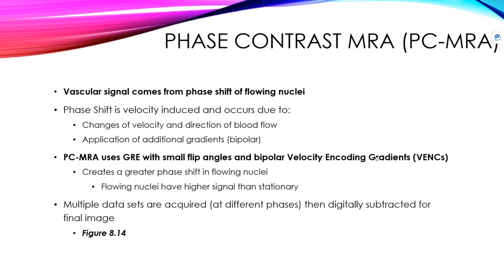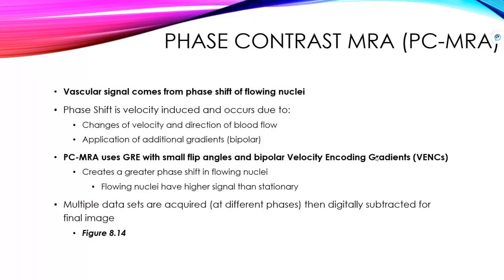Remember, the phase shift is their position on the face of the clock. When you have in-phase nuclei, all of them are going to be facing the same position. For instance, they're all going to be pointing to 3 o'clock. When you have a phase shift, you're going to have some that are pointing to 9 o'clock and some that are pointing to 3 o'clock.